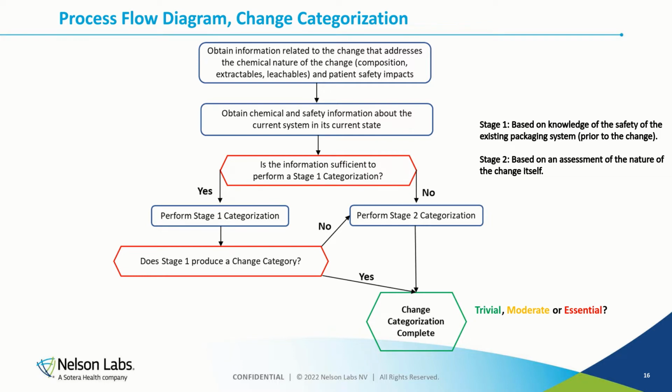All right, so how do we do that categorization of a change? Well, I'm going to suggest to you that maybe it's a two-stage approach. And in the two-stage approach, stage one has nothing to do with the change. It has everything to do with how safe your packaging system is to begin with.